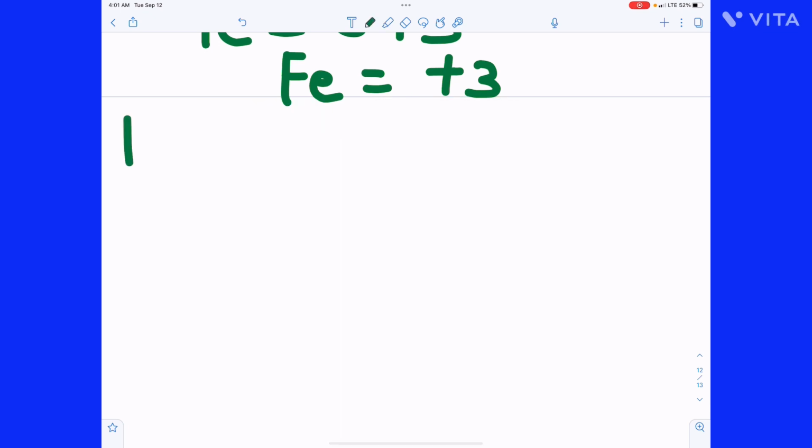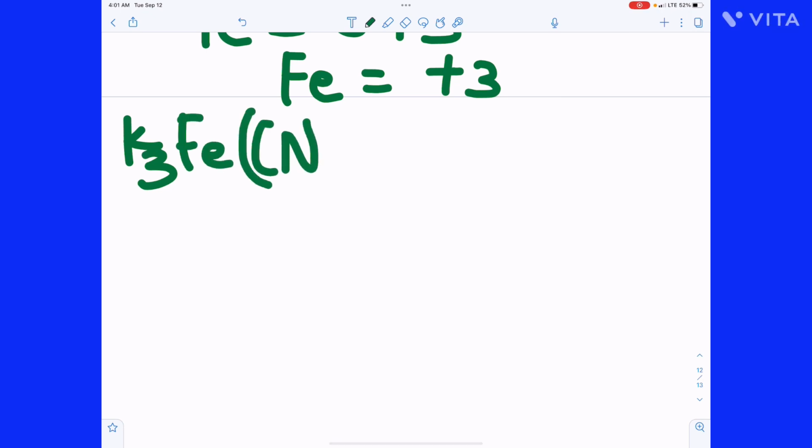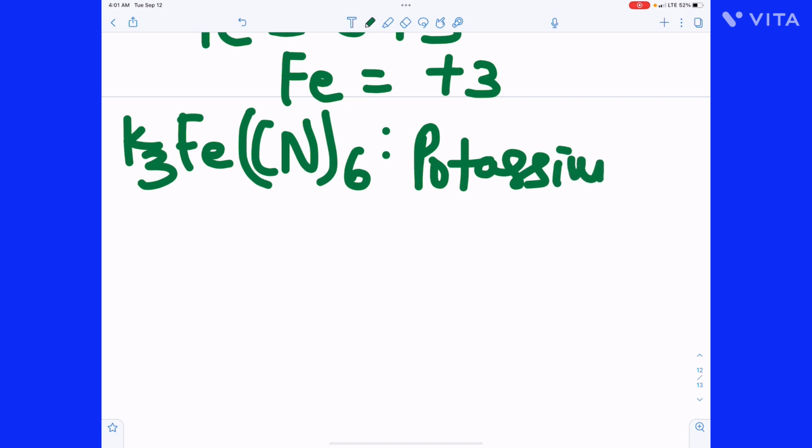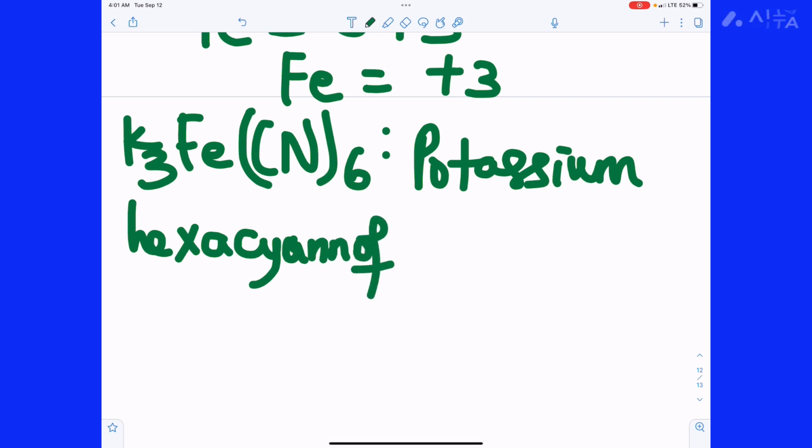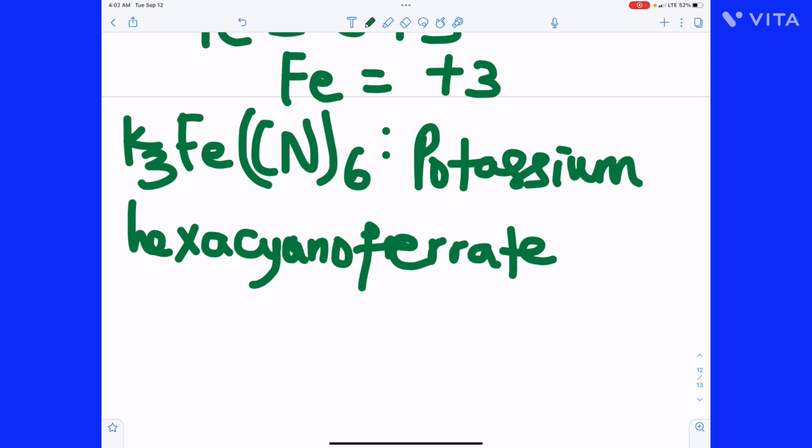What do we call the compound? Okay, let me write it again so we can name it from here. K3Fe(CN)6. We call the compound potassium hexacyanoferrate.